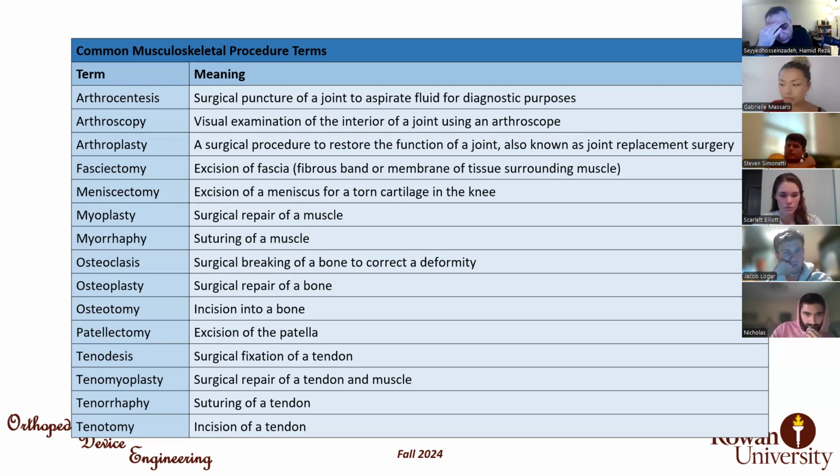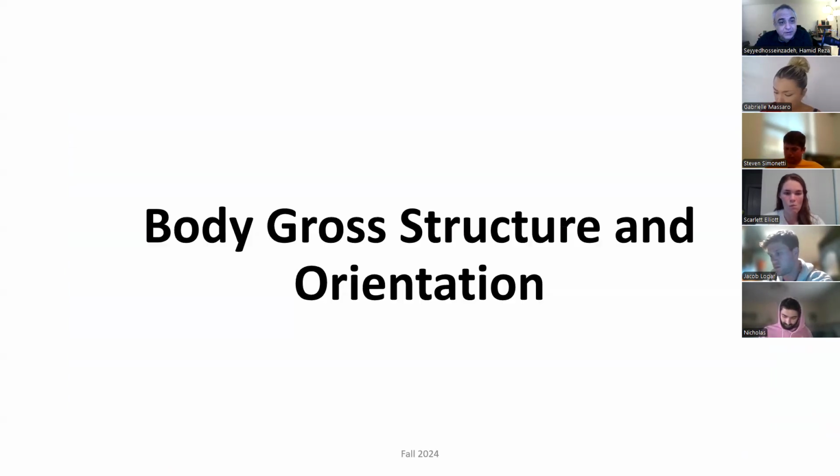So tenorrhaphy means suturing the tendon, and tenotomy means cutting a tendon. Tomy means cutting, like osteotomy. So tenotomy means cutting a tendon. These are some general procedures. You will hear them a lot in your course.